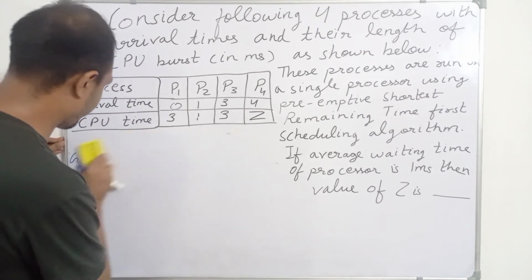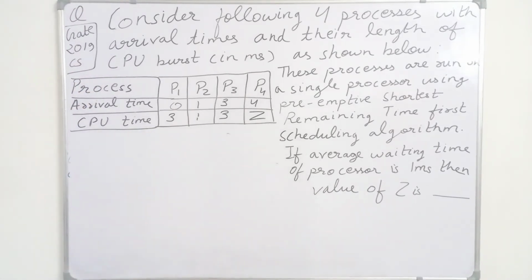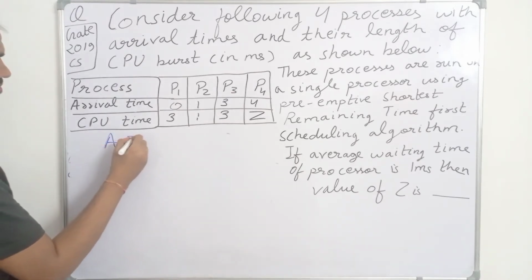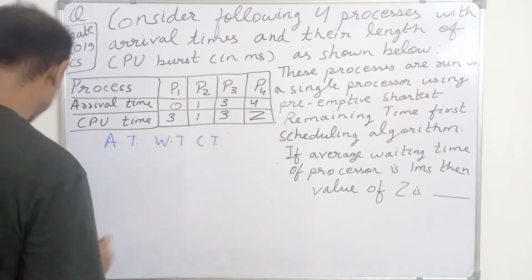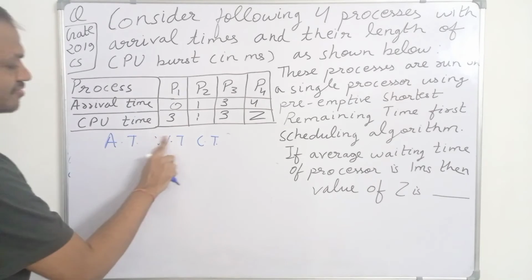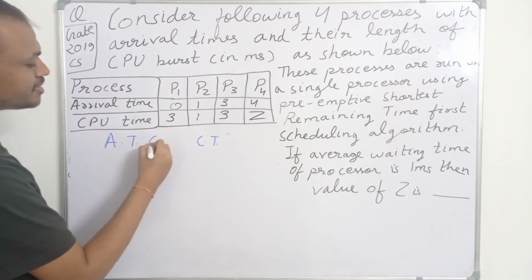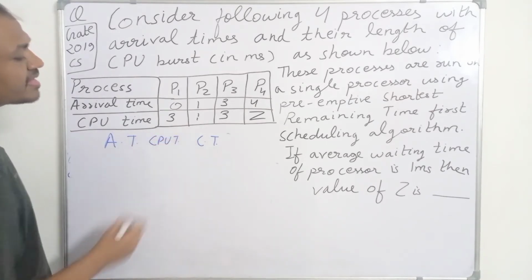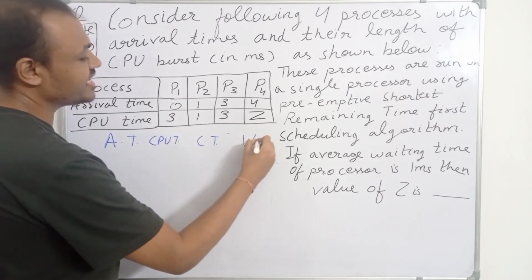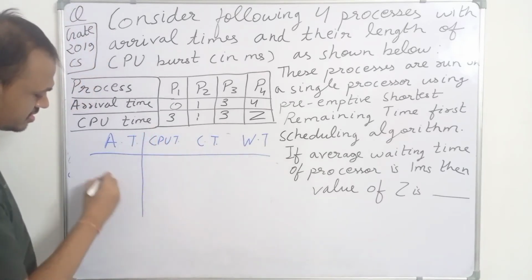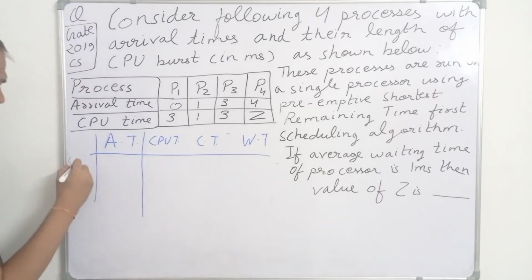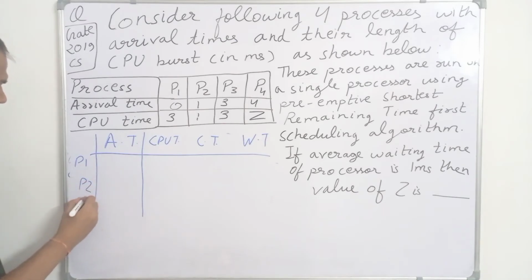The columns are arrival time, then CPU time, then completion time and finally the waiting time, for P1, P2, P3 and P4.